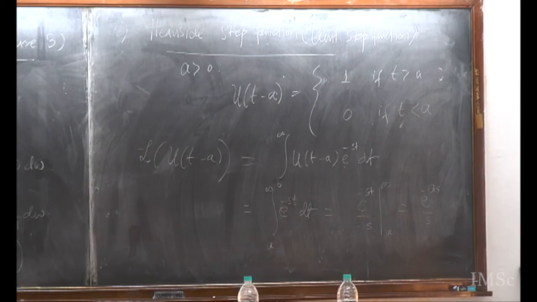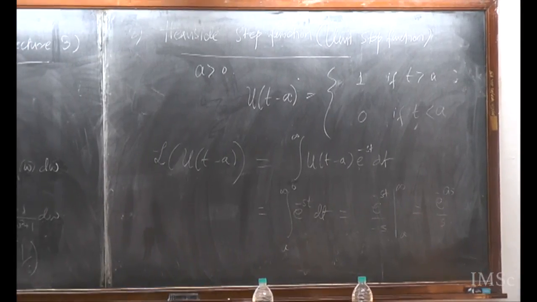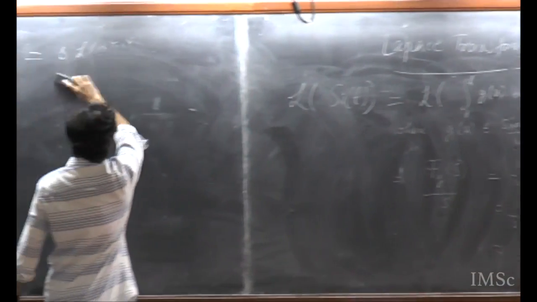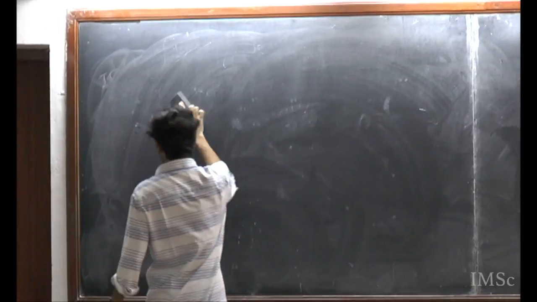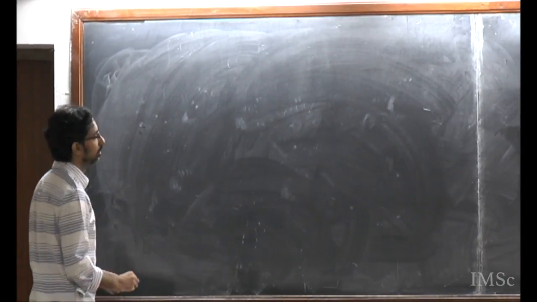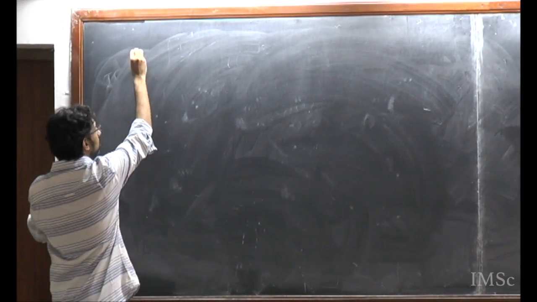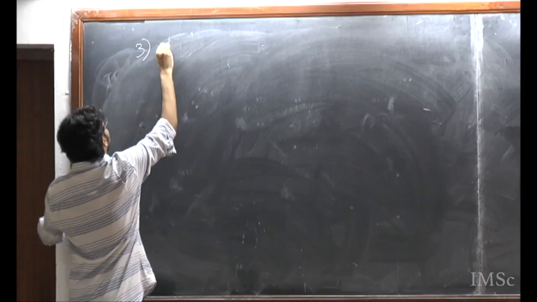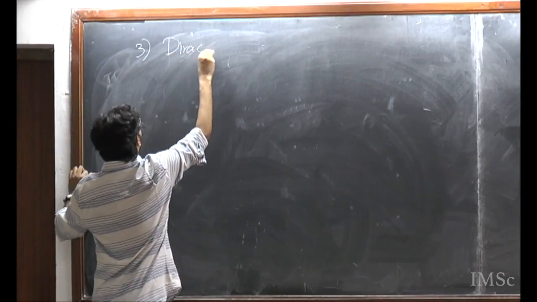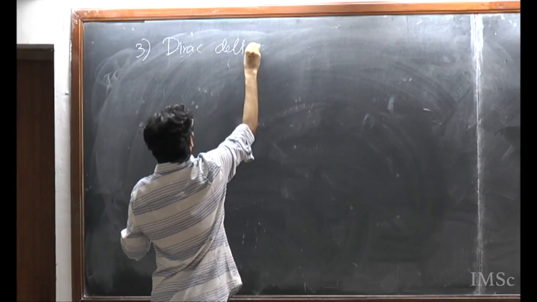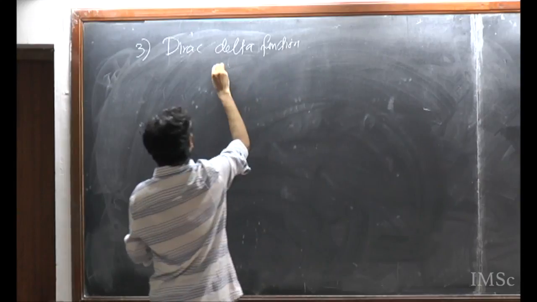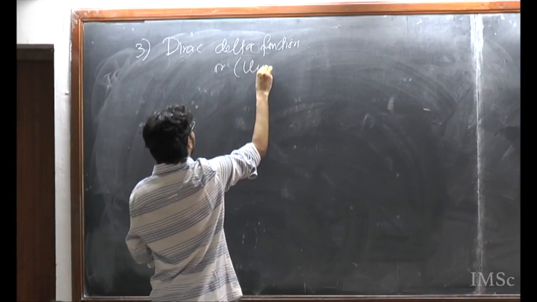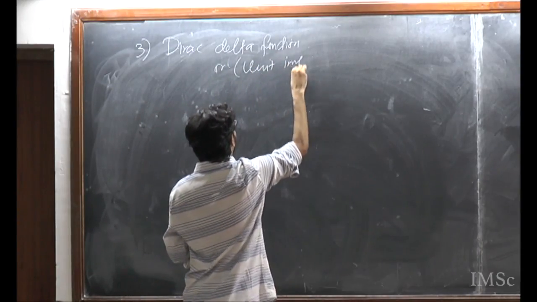Now let me introduce another special function. This is called the Dirac delta function, or what is it called? Unit impulse function.